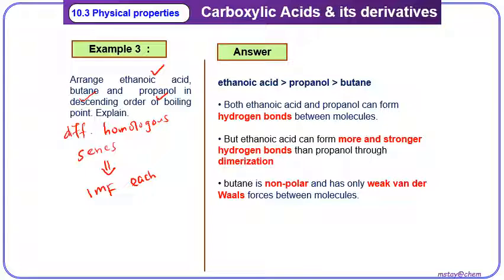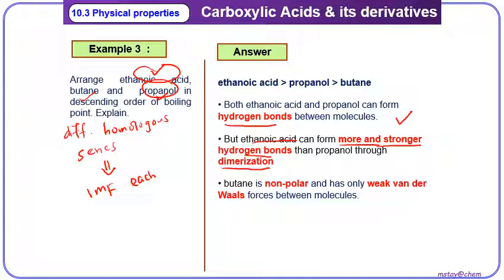From here we know ethanoic acid and propanol can form hydrogen bonds. But what makes them have different boiling points is the dimerization. So what is the effect of the dimerization? Dimerization causes ethanoic acid to form more and stronger hydrogen bonds.